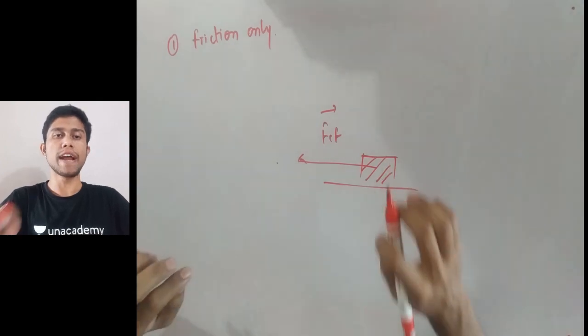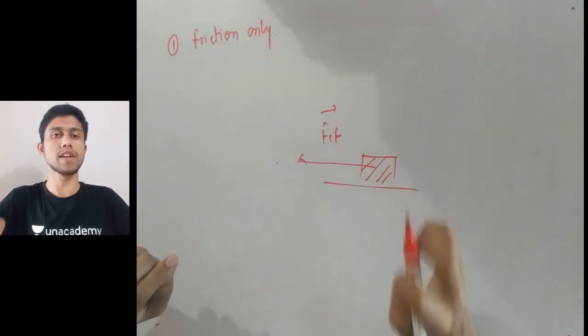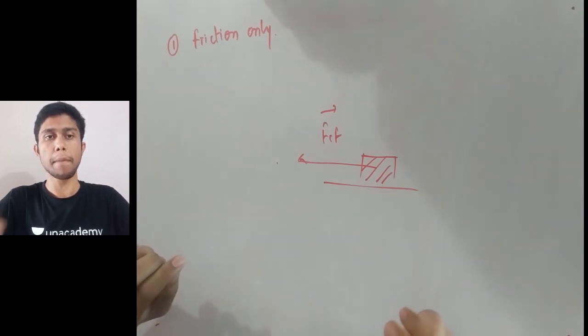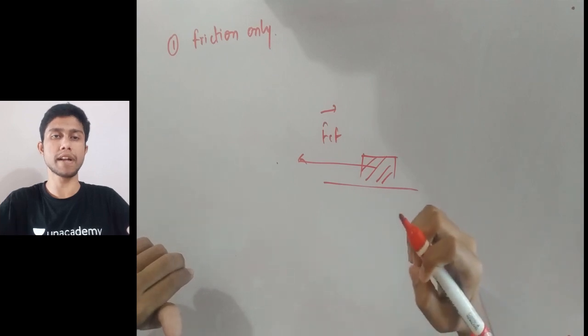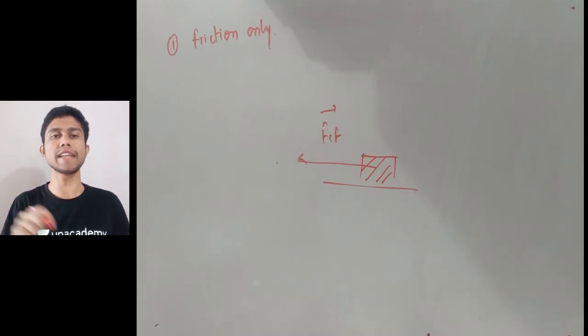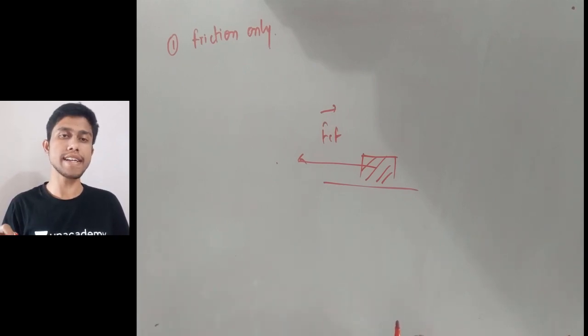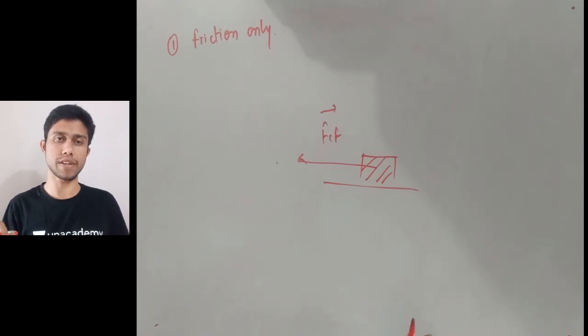Whenever a body is performing a circular motion, it has to have a centripetal force. But it's not decided in which condition which force provides it. Suppose I have tied a stone by a string and I am rotating it. In that condition, the centripetal force is provided by the tension in the string.